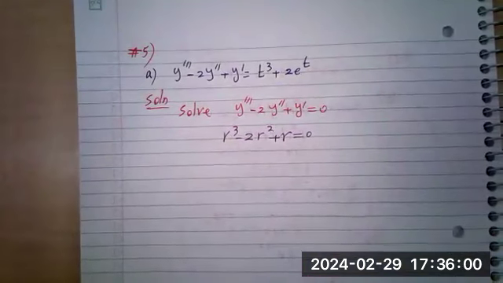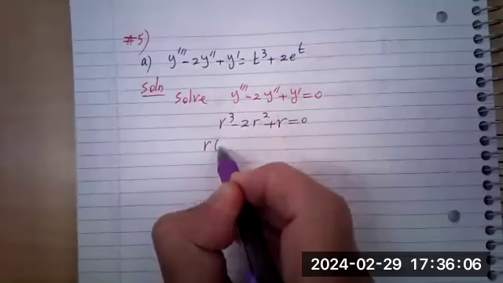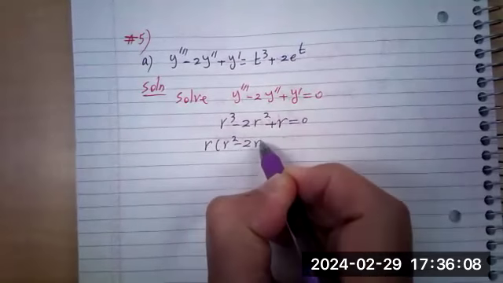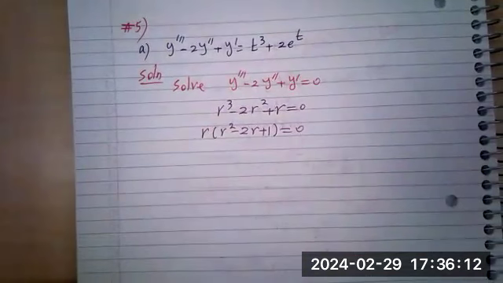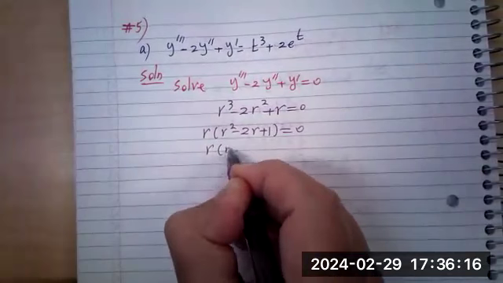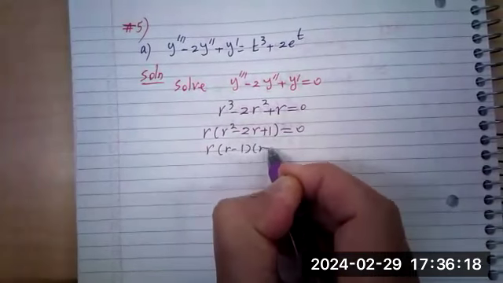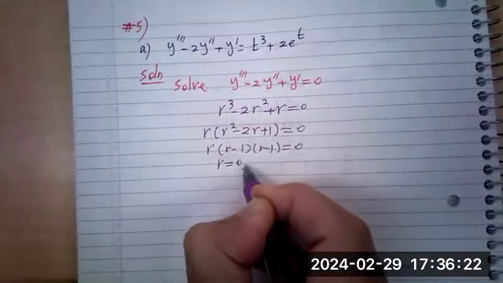Now we have to solve this one. How are we going to solve it? Factor out r. So we can handle the inside one easily. So we have r equal to 0, 1, 1.